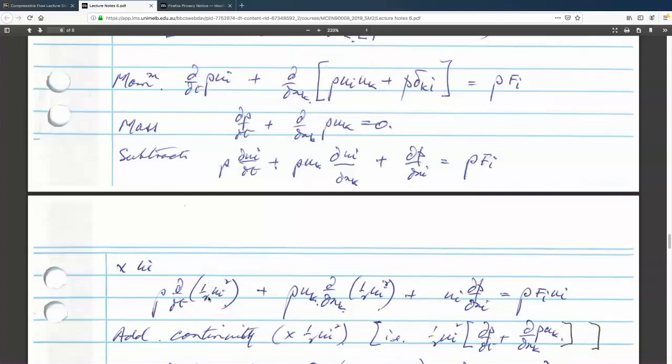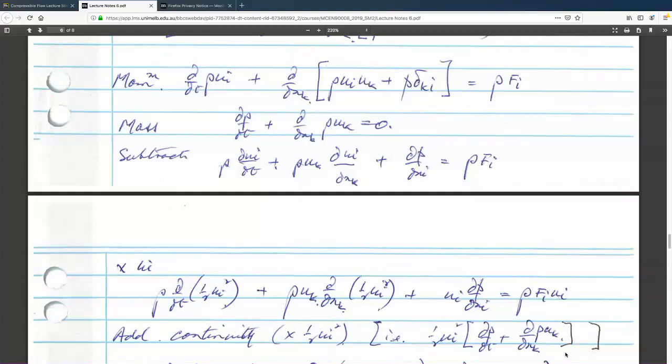Because when I differentiate this, the 2 cancels with the 1/2, and I get ui d ui dt, which is what I had when I multiplied this by ui. And the same with this one here: I have rho uk d dxk of a half ui squared. And I have here ui dp dxi, and I have rho fi ui.